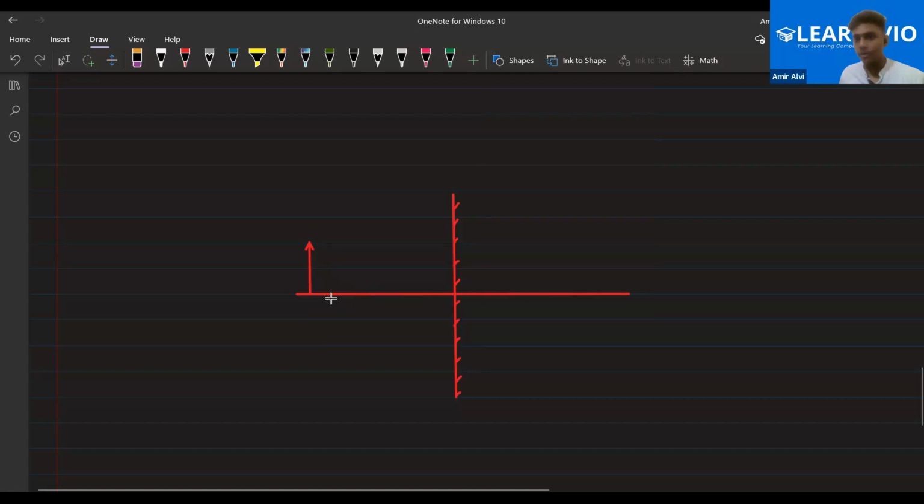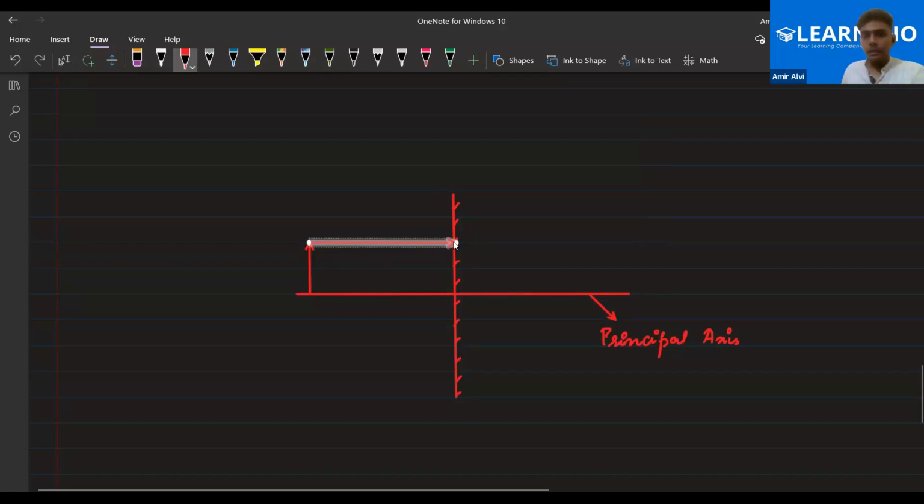Let me write it down. This is called the principal axis. So the first ray will always be parallel to the principal axis. It will be like this.